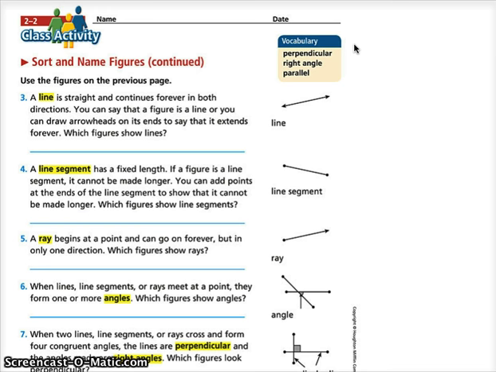You can say that a figure is a line, or you can draw arrowheads on its ends to say that it extends forever. Which figures on page 95 show lines? So we need to write the letters. So I know that letter B is a line.